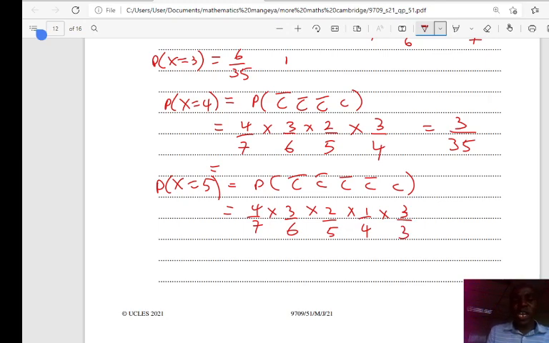If you simplify, 4 divided by 7 times 3 divided by 6 times 2 divided by 5 times 1 divided by 4 times 1, then you get 1/35. Then we can say done.